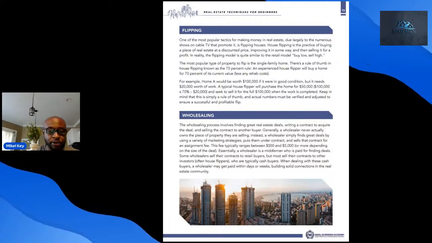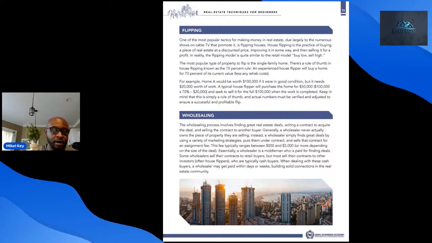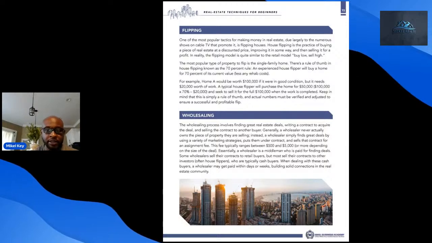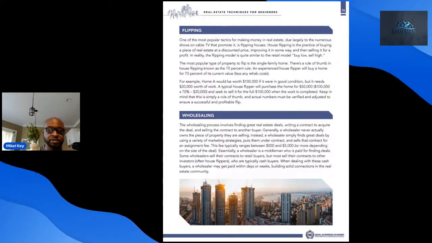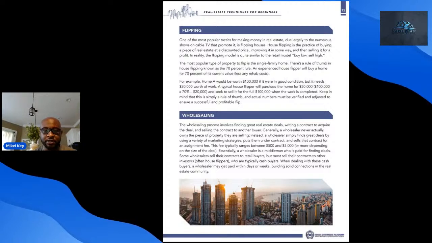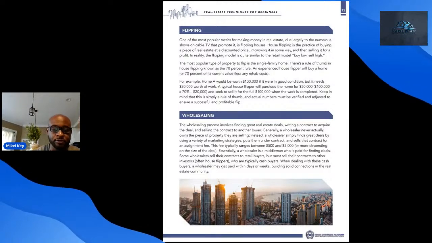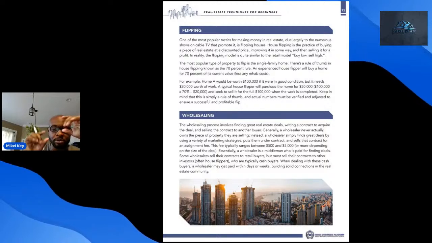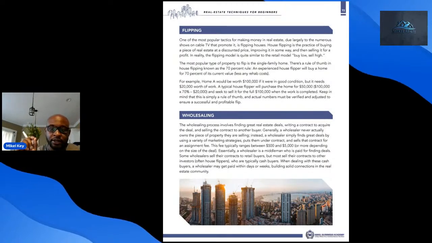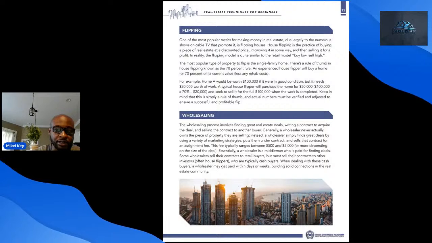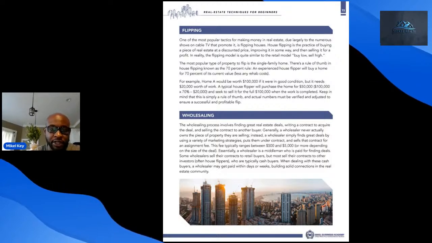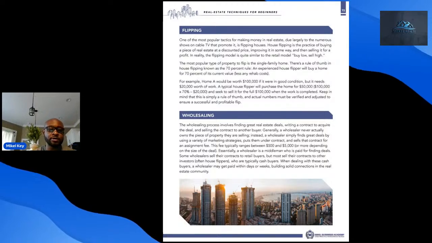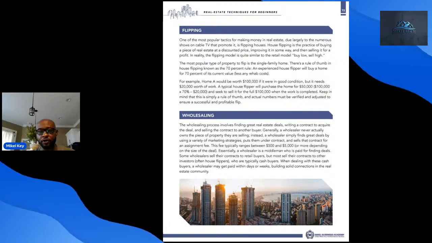So if you've partnered with your general contractor and y'all went to look at that property, and he says, man, it's going to cost $50,000 to renovate this house and get it ready, then operating off the 70% rule, $50,000 is 50% of that. So you only have 20% left, because remember, we can't go over 70%. So if the contractor gives you a $50,000 bid and the ARV is $100,000, you only have $20,000 to pay for that house. So that's how we determine how much we pay for a flip property.